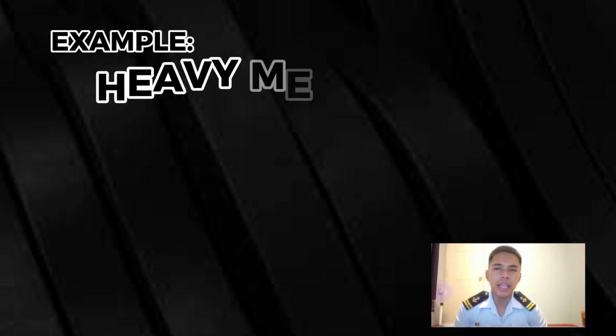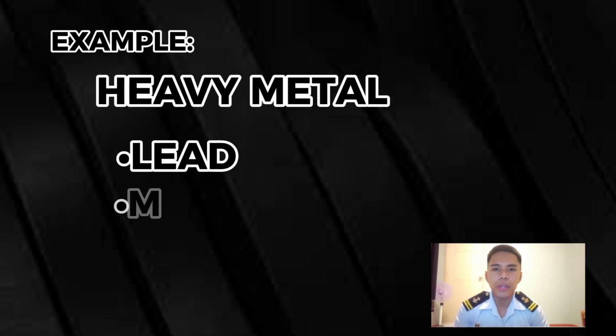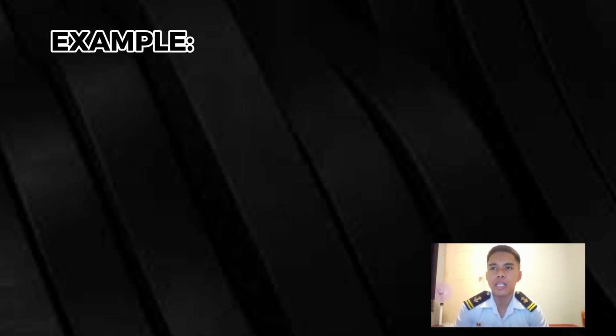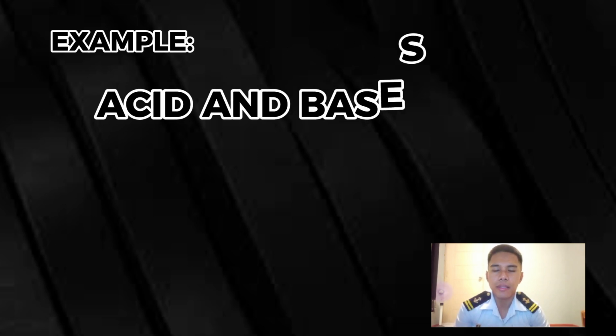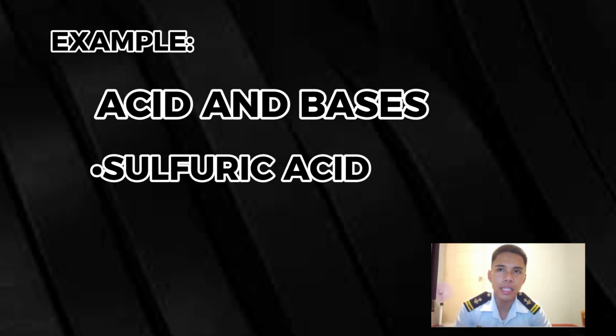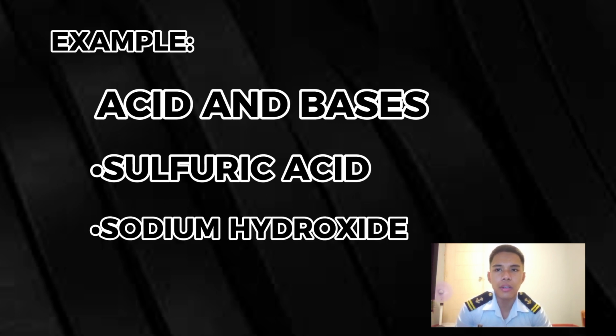Another example is heavy metals, lead, mercury, and the last example is acids and bases. Examples of acids are sulfuric acid and sodium hydroxide. These substances are moderately toxic, corrosive, and reactive, posing significant risk to human health and the marine environment.